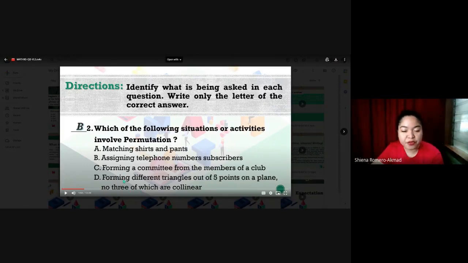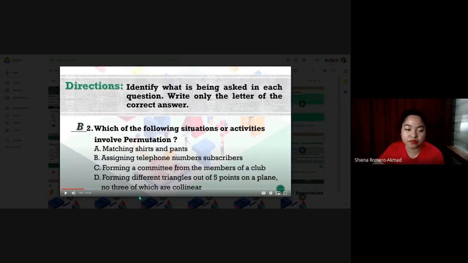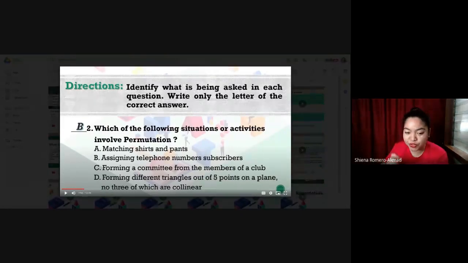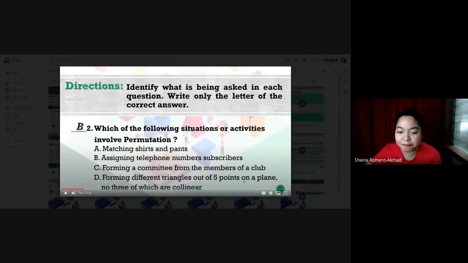So for letter D, forming different triangles out of 5 points on a plane, 3 of which are collinear. You are only forming triangles given 5 points on a plane. Maybe you are just not familiar with this sentence.